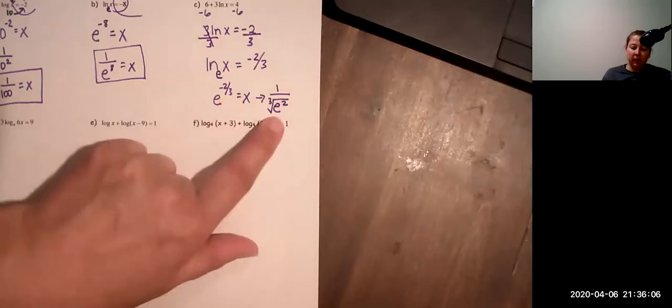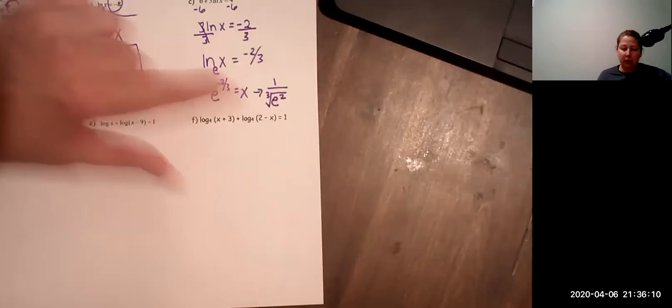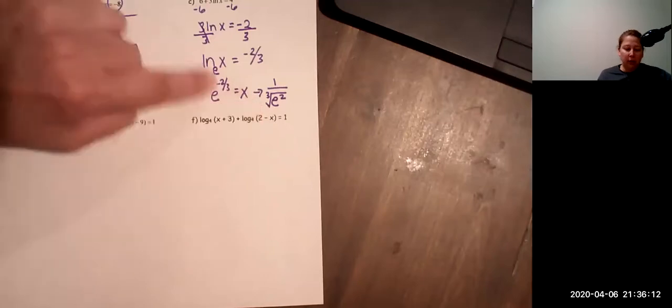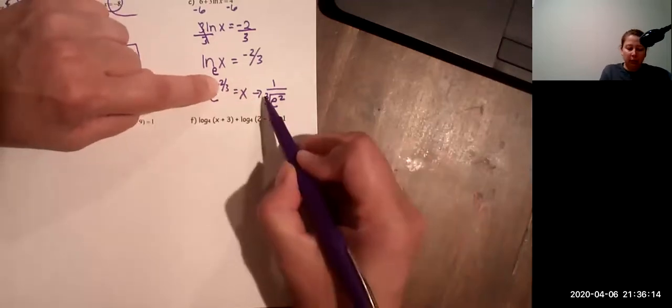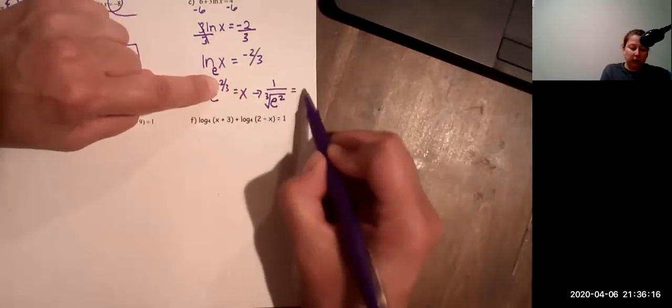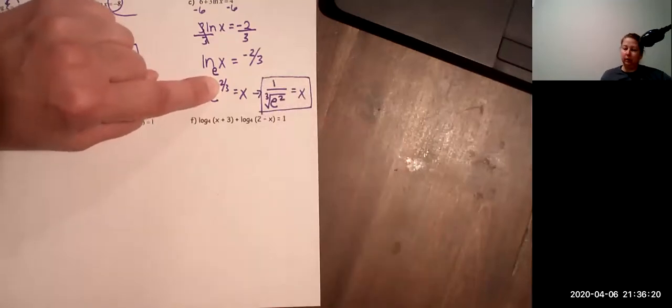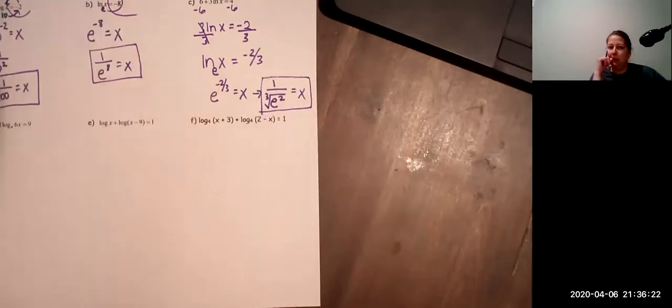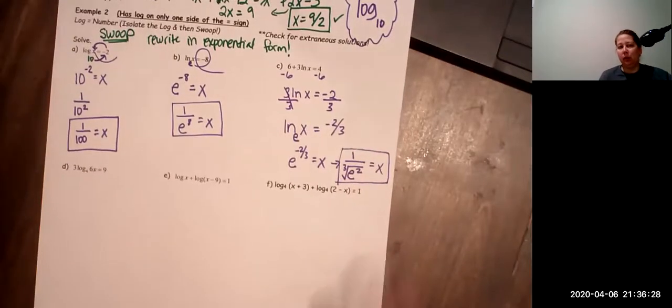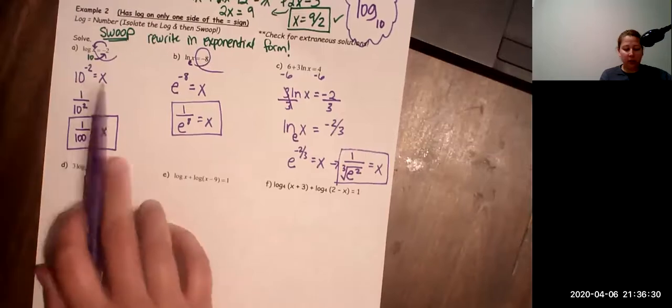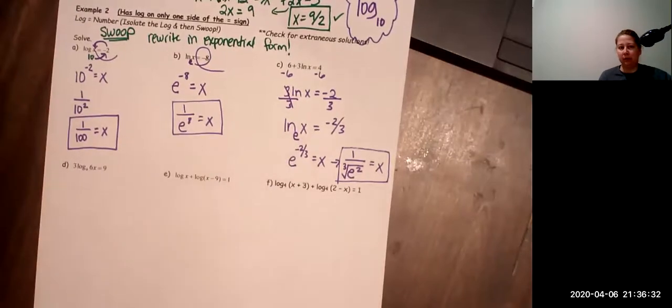The negative dropped it to the bottom of the fraction. The 2/3 became the cube root of e squared. So this would be the best way to leave your answer. Okay. All right, so again, when you only have log on one side of the equation, you want to swoop it. You want to turn it into an exponential problem and then solve from there.